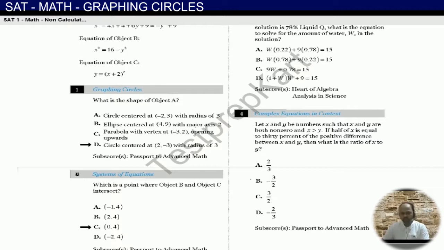Here it says, what would be the shape of object A?